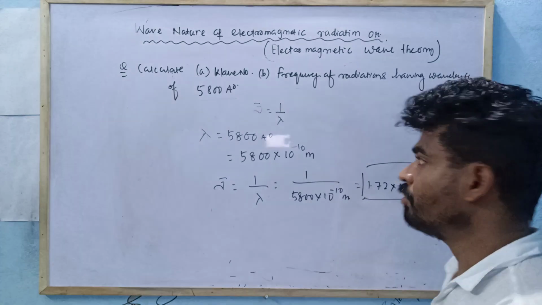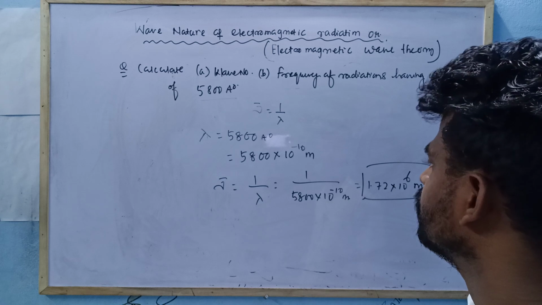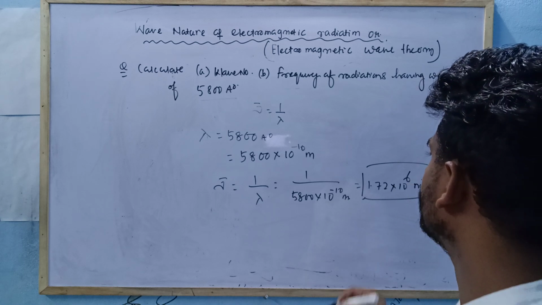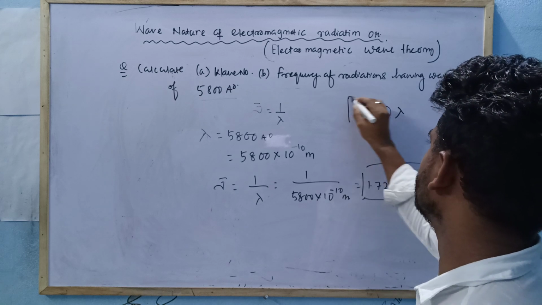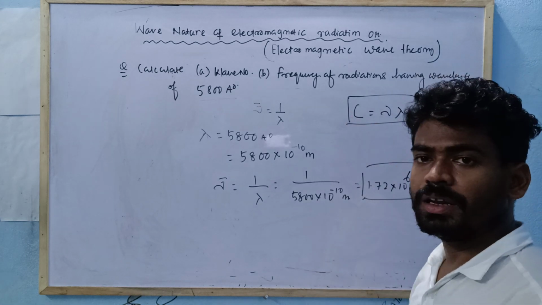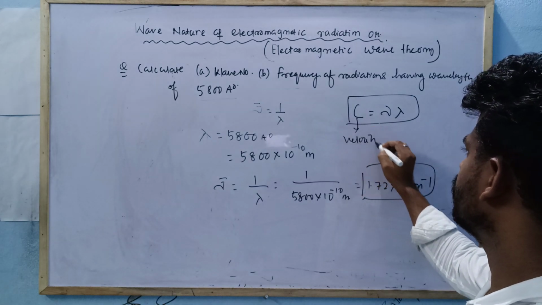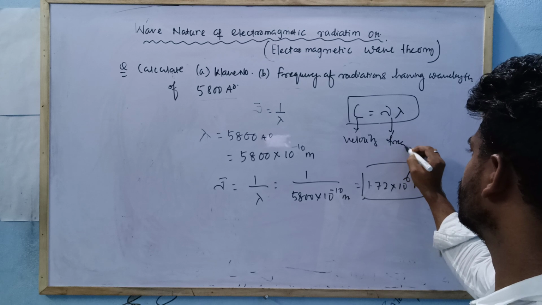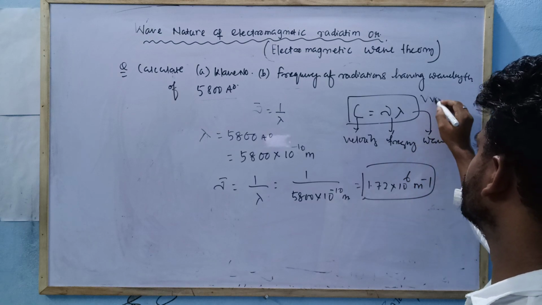Next, calculate the frequency of radiation. Remember this very important formula: c is equal to nu lambda. It is the relationship between velocity, frequency and wavelength.